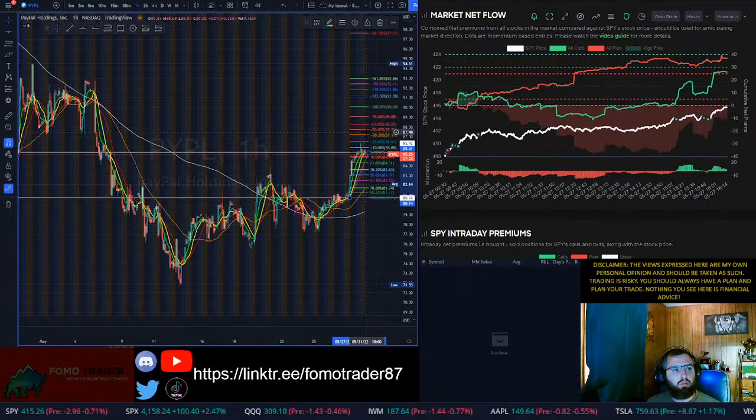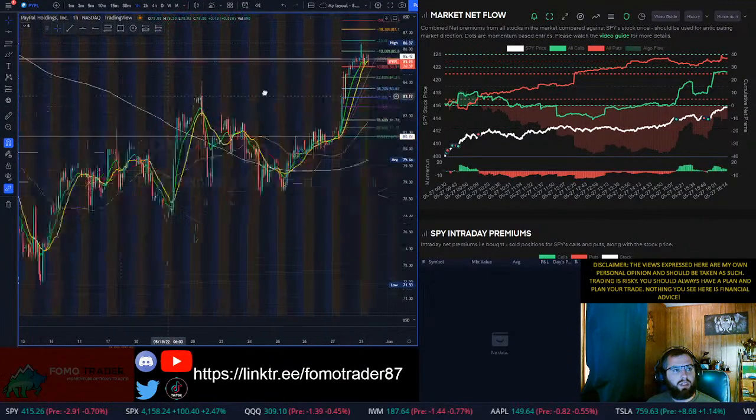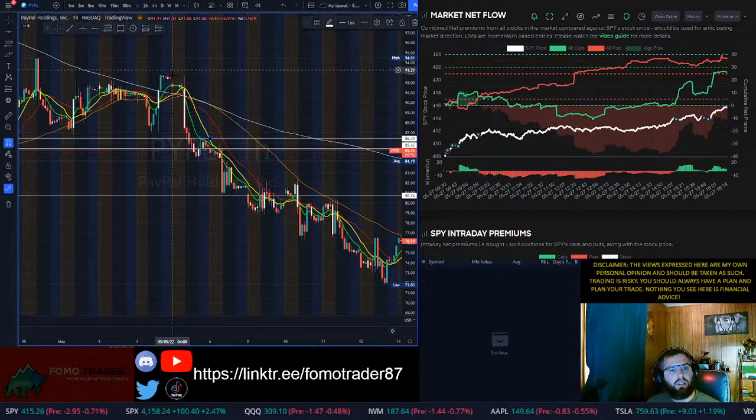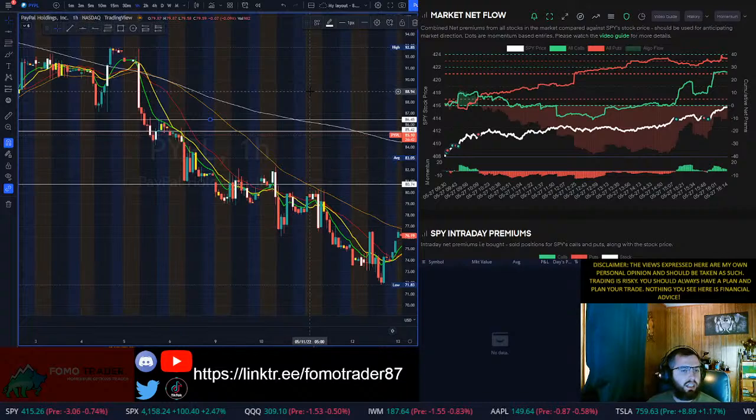So we've got this huge candle here. We've got a little bit of resistance here at around 86.50, and then after 86.50 we've kind of got some clear skies for a minute all the way up into the 90 area.